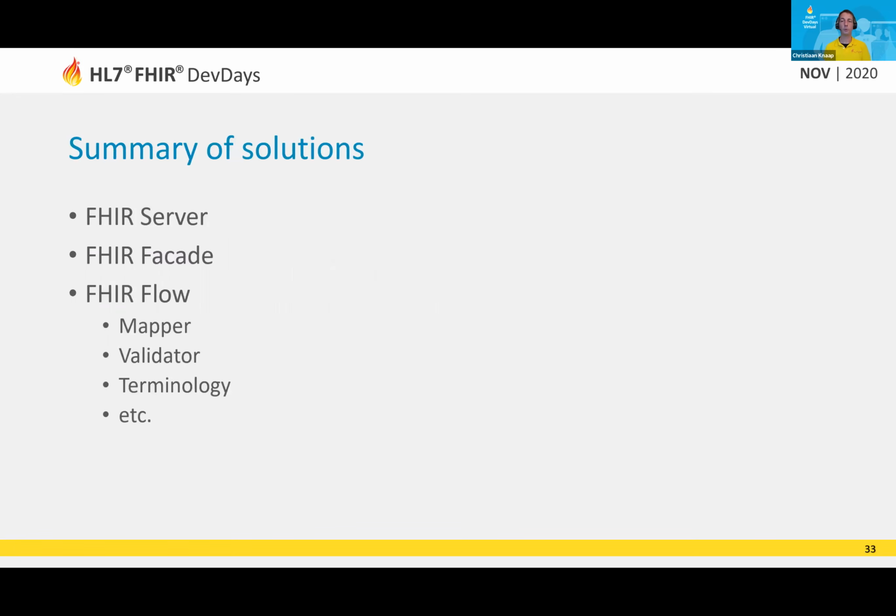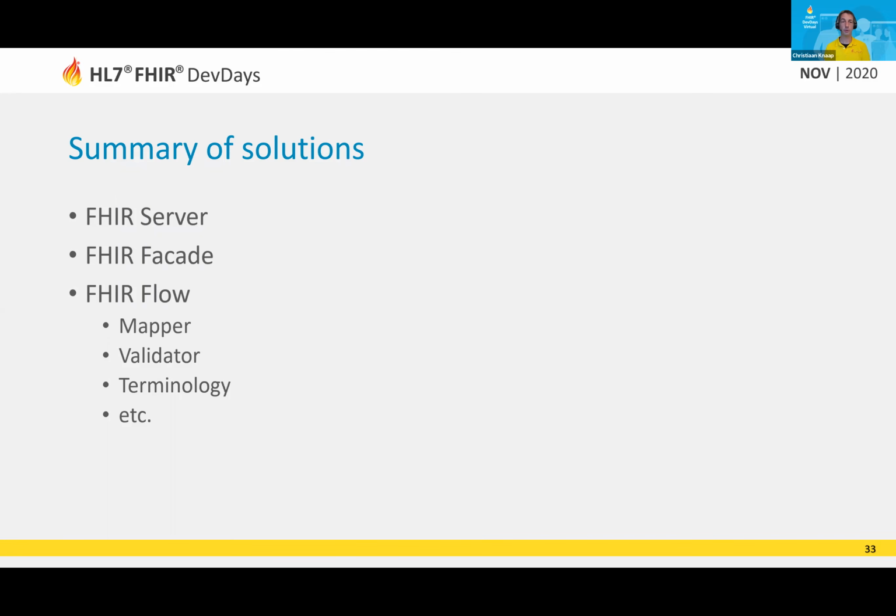To summarize the solutions we discussed, first is an out-of-the-box FHIR server where you feed data into. Second is the FHIR Facade that gives you a two-way translation, so it queries the source systems directly and translates the data back out.